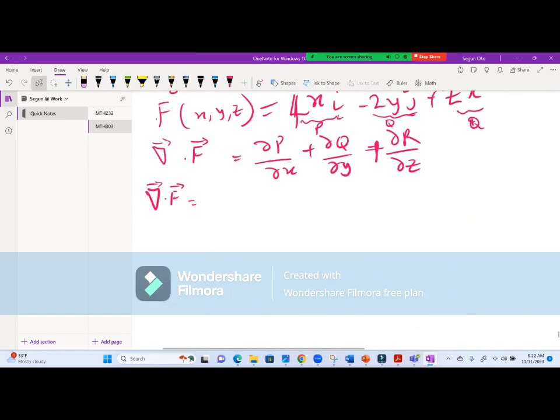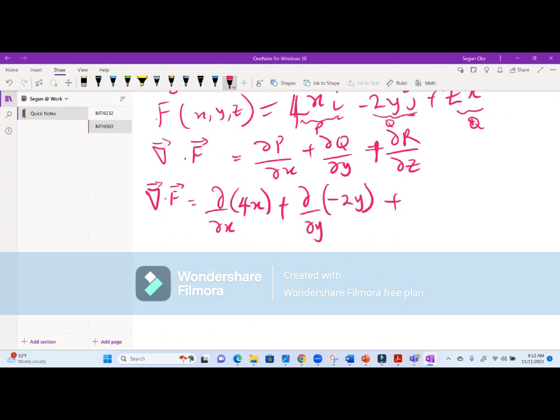So PQR will be, so it's going to be d/dx of what? 4x, plus d/dy of minus 2y, plus d/dz of z squared.